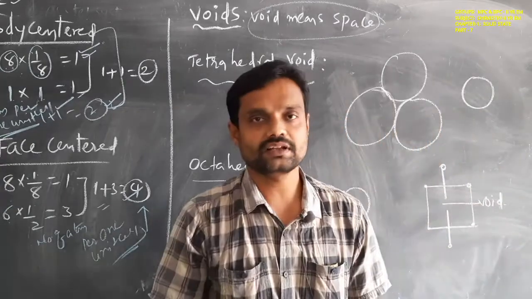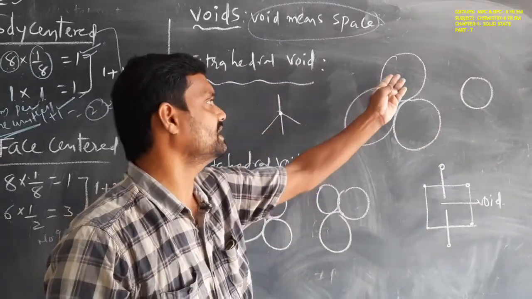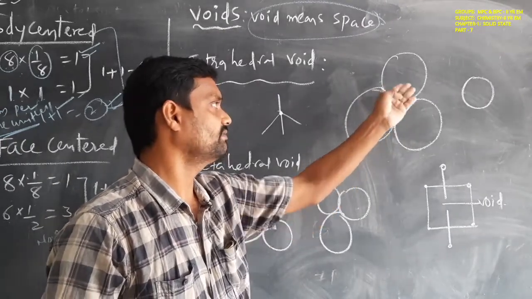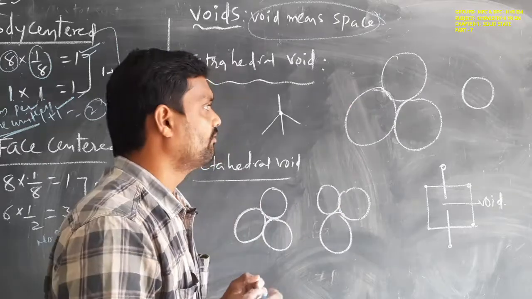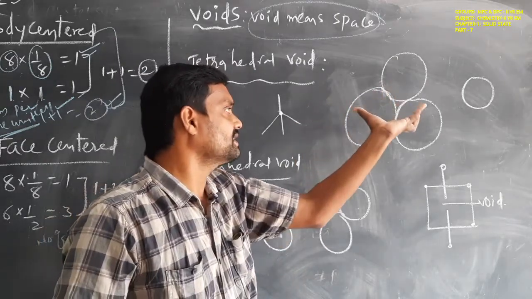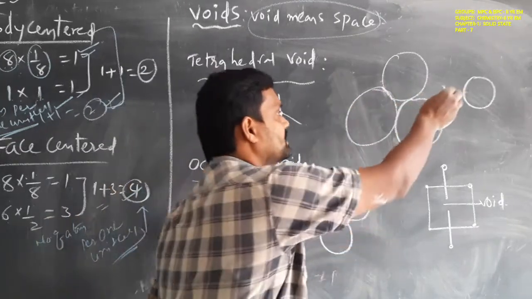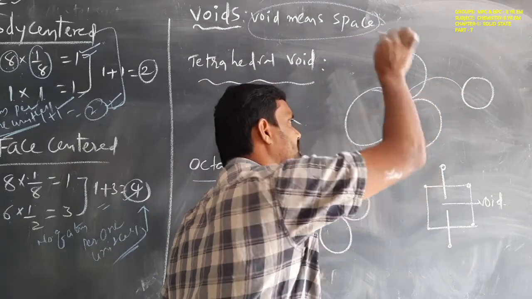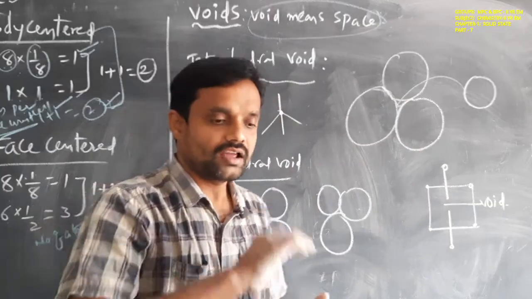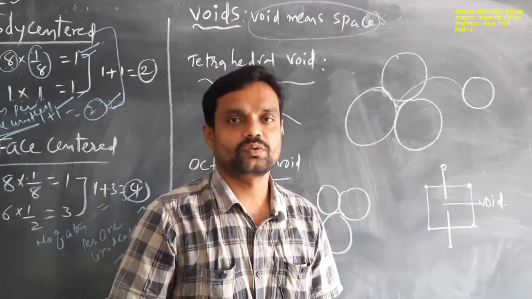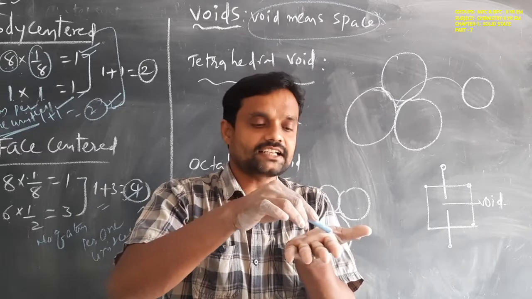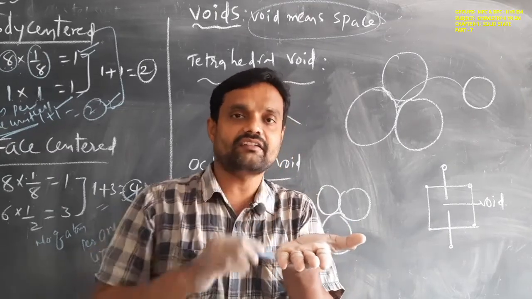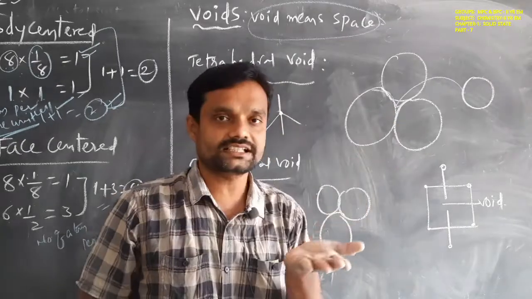For example, 3 atoms, nothing but 3 spheres, are arranged in one layer like this.